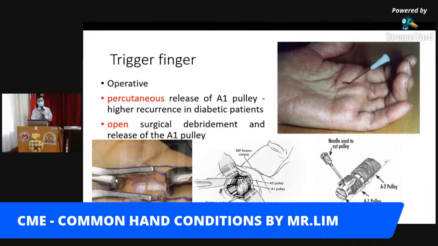Usually in a trigger finger, you can see that it is very thick. So when we're doing the surgery, we must be very careful, because just underneath the pulley are the tendons for the fingers. As you can see in the center lower picture, the sharp edge of the blade is facing upwards, in order to prevent injury to the tendons.